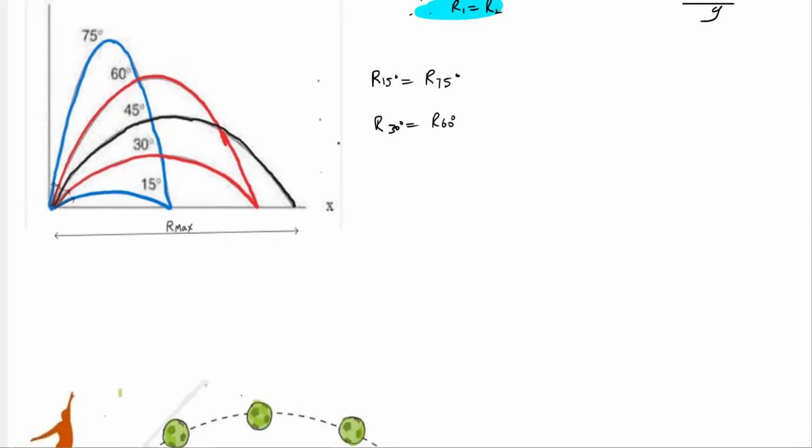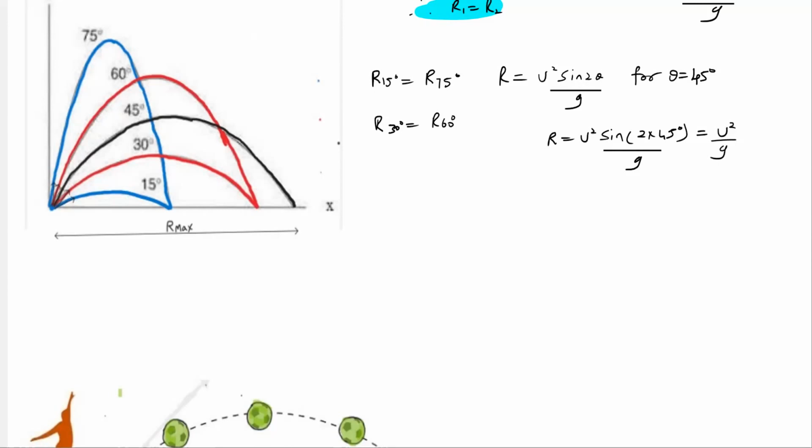And for what angle will it be the maximum range? We will calculate here. R equal to u square sine 2 theta by g. For theta 45 degrees, 2 into 45 will be sine 90 degrees.